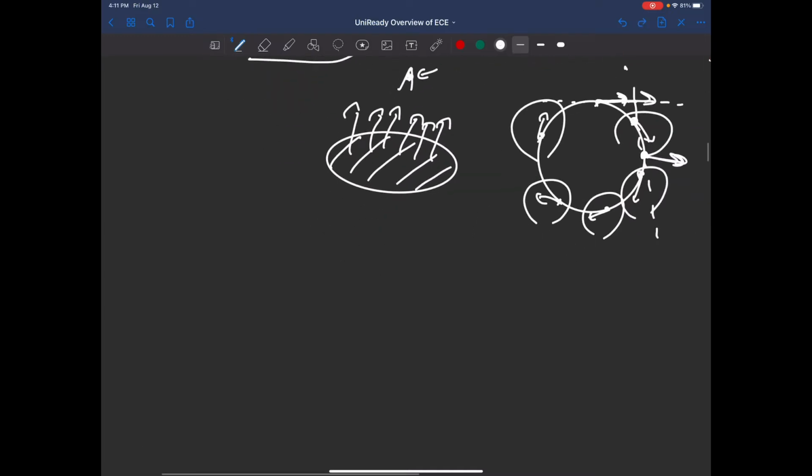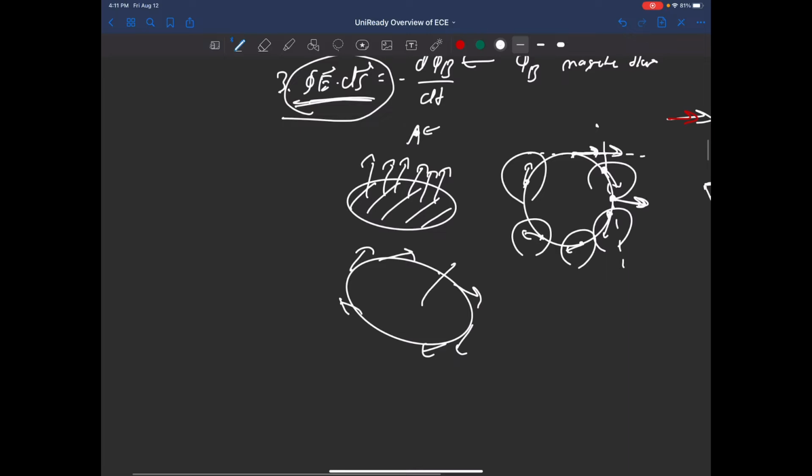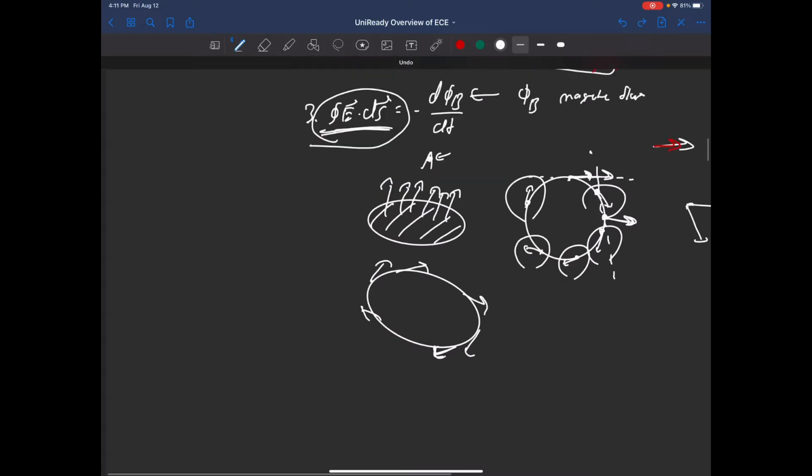So if this ring was a wire instead of just some random ring, then you have electric fields going along the wire if you have a changing magnetic flux going through this enclosed surface. And this field, like you can imagine, can push electrons through it, which creates current, which is something that we actually use.